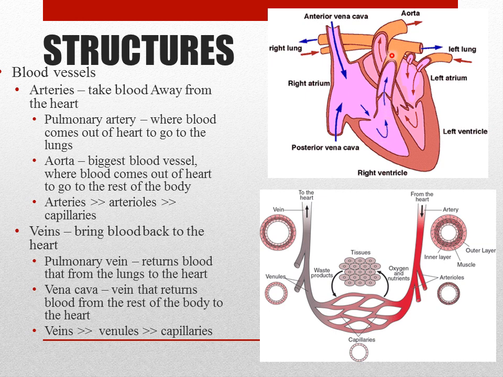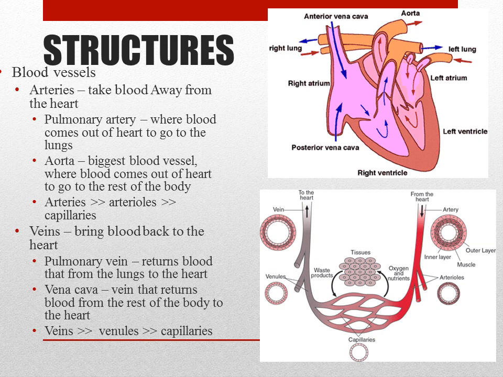So the 2 ventricles are where the blood comes out of the heart and goes away from the heart. This right ventricle is going out to the lungs through the pulmonary artery. We're going to put the whole story together in just a couple minutes, but remember that the A blood vessels, arteries, aorta, are going away from the heart.